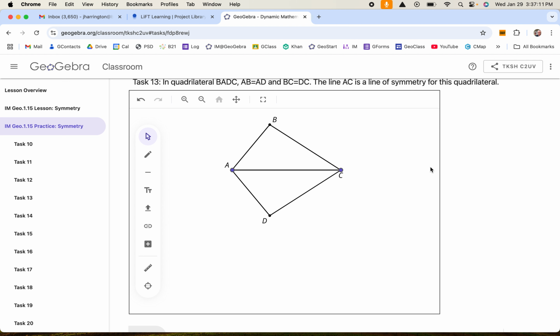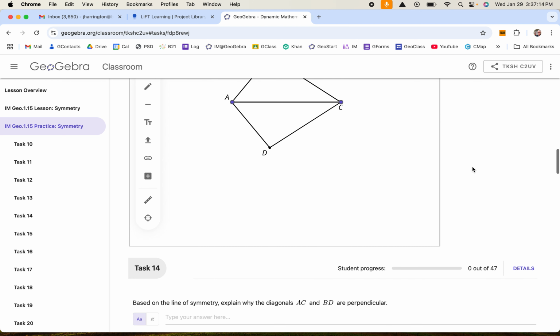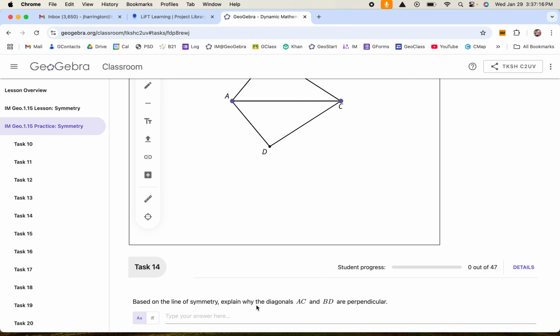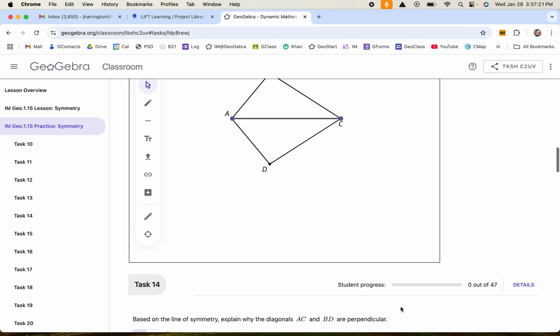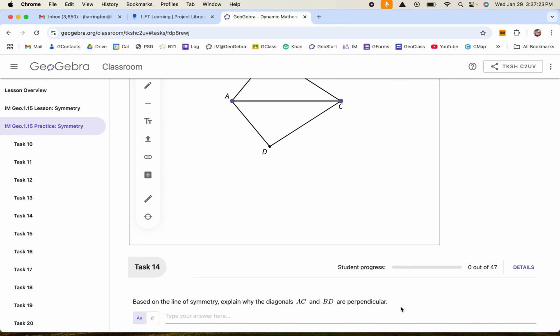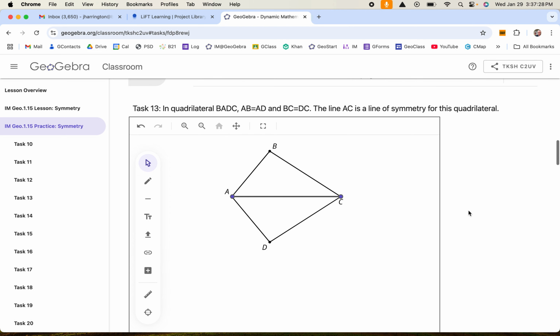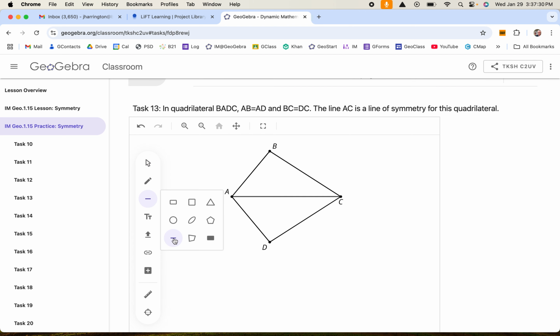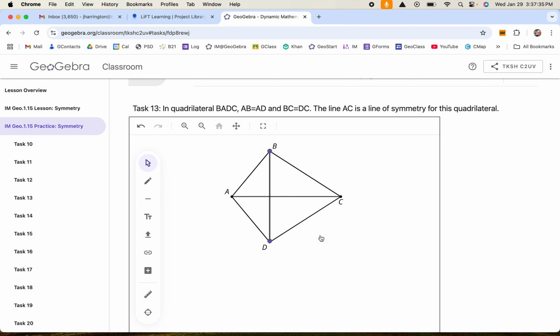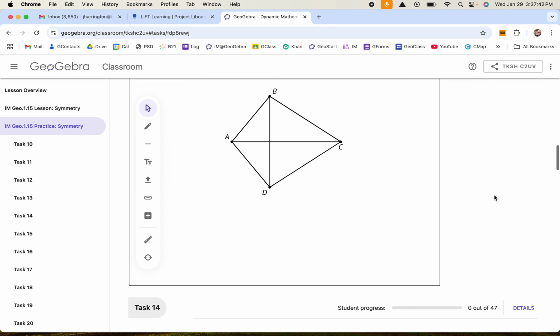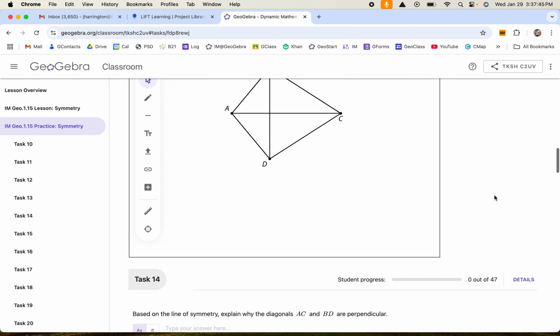Okay, great. All right, so based on the line of symmetry, explain why the diagonals AC and BD are perpendicular. All right, so why is it? Okay, so they're saying AC and BD. Okay, so if I draw another line here, from B to D, why is it that those line segments, those diagonals, are perpendicular?